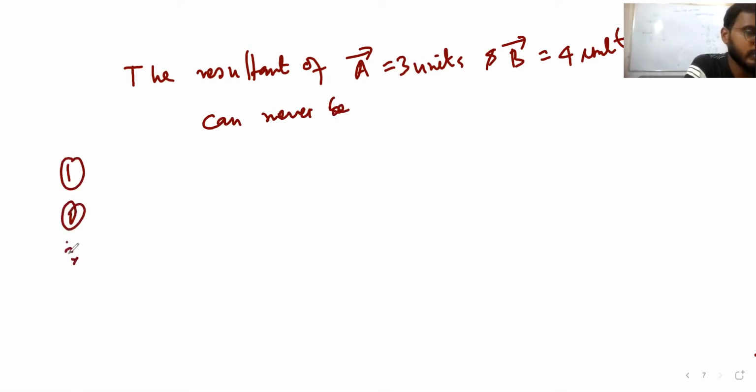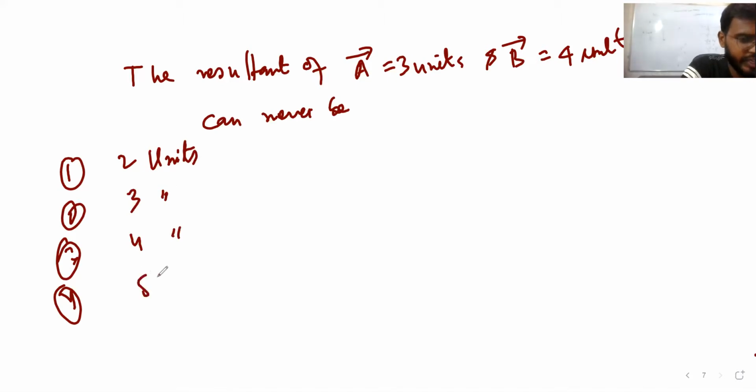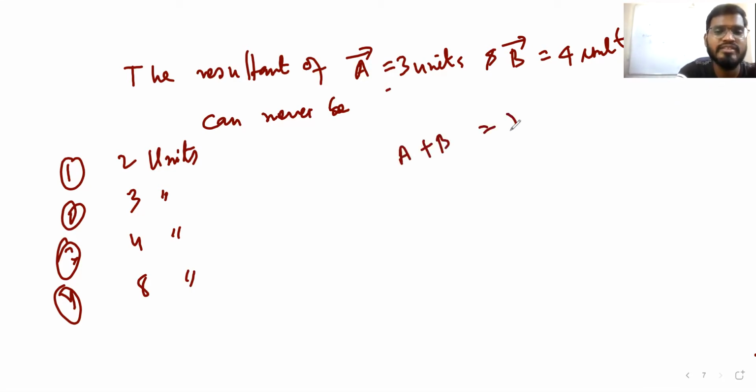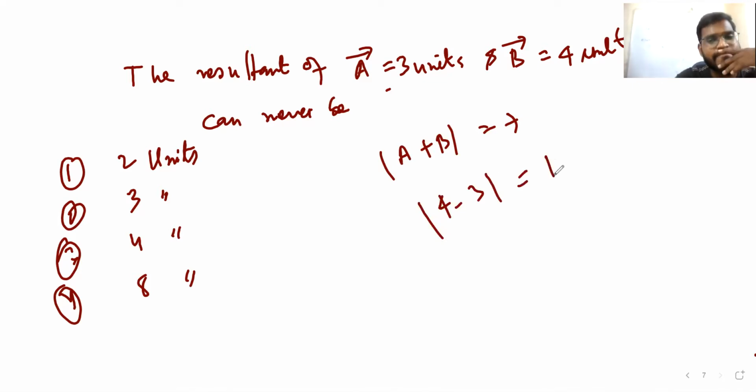Options 1, 2, 3, 4: 2 units, 3 units, 4 units, 8 units. Let's see. Maximum it can be a plus b, so 7, right? Minimum is 4 minus 3, so 1. So it will be in the range of 1 and 7. It cannot be 8. So this is the answer, right?